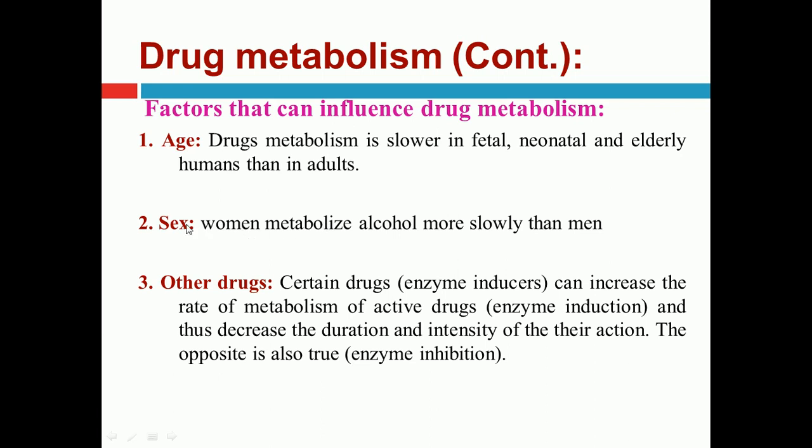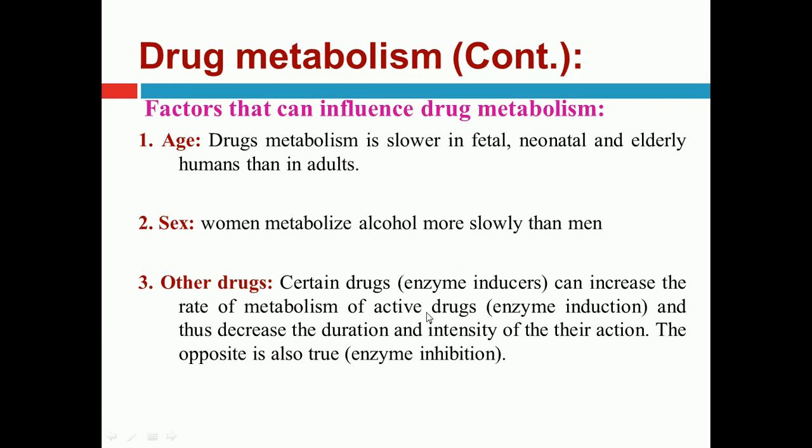Gender, for example: women metabolize alcohol more slowly than men, and similarly the capacity of females to metabolize certain drugs is less than males. So we need to give lesser doses, in addition to considering their body surface area.